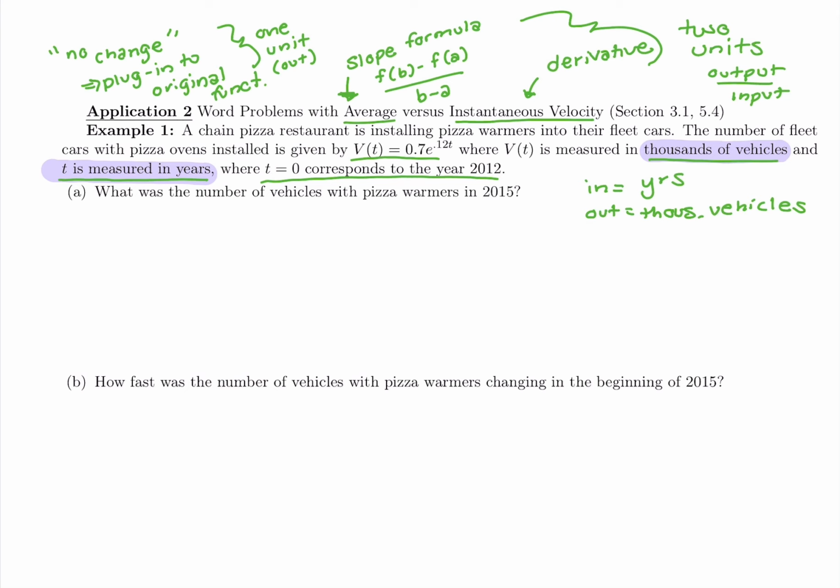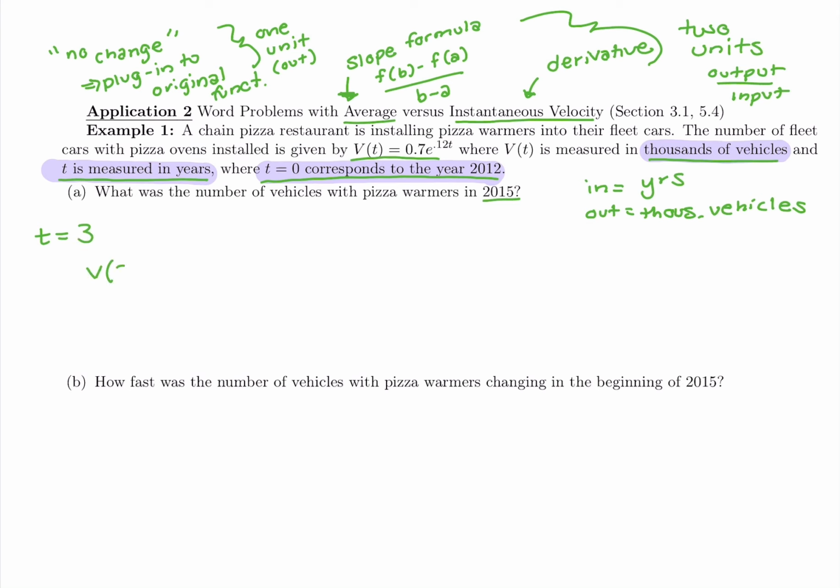And time 0 corresponds to 2012, when they started this project, it seems like. The first part says, what was the number of vehicles with pizza warmers in 2015? So what t value is 2015? This is where it's totally okay to count on your fingers. We have 0 for 2012, 2013, 14, 15. That would be 3 years later.